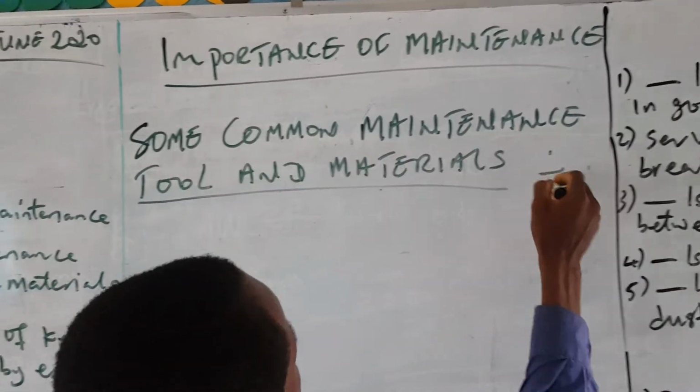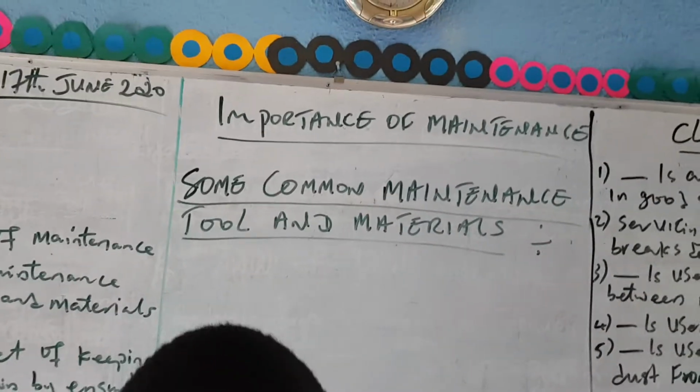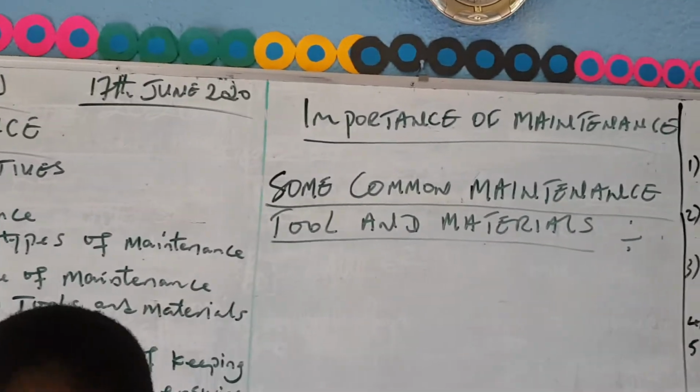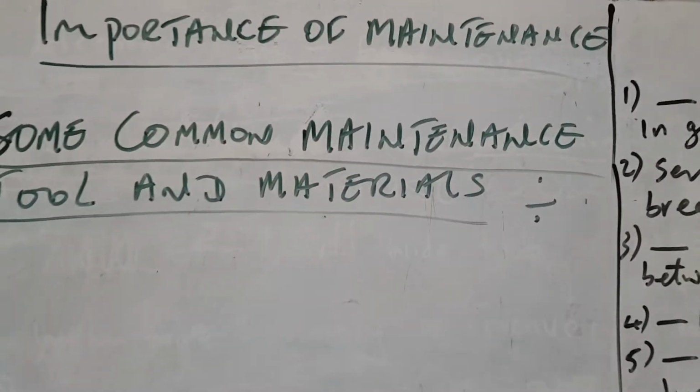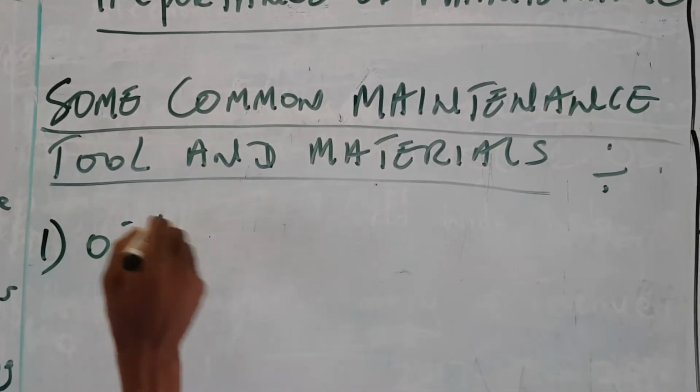Yes, we have on the board some common maintenance tools and materials. Number 1, we have the oil. Oil is one of the material tools we use.